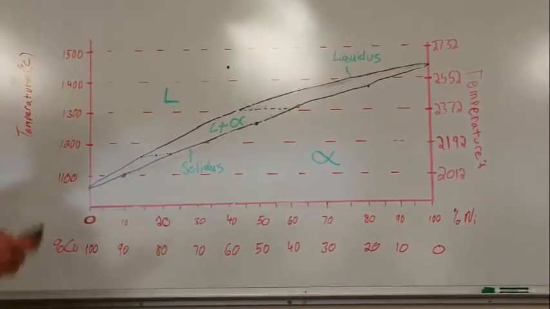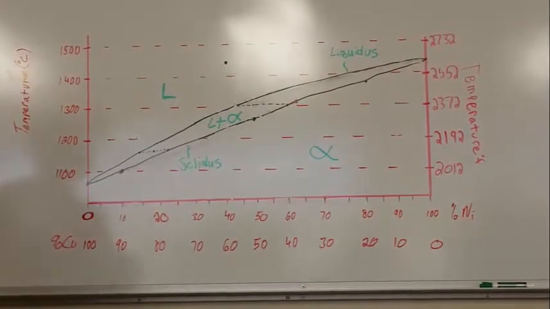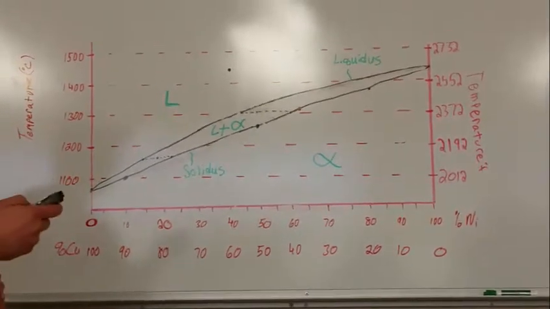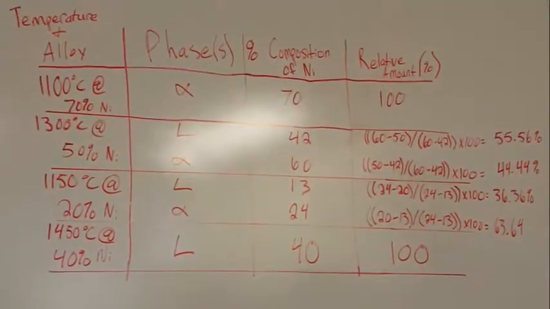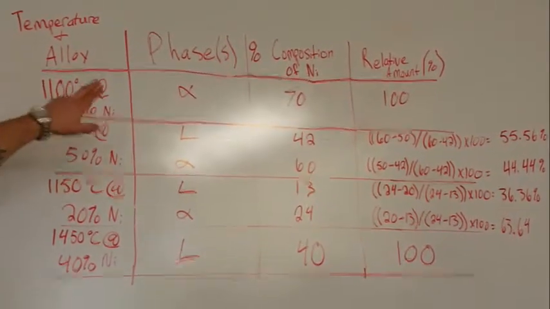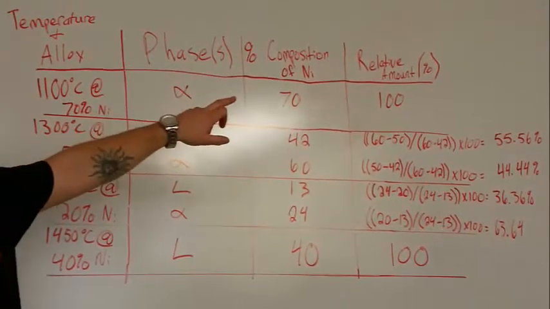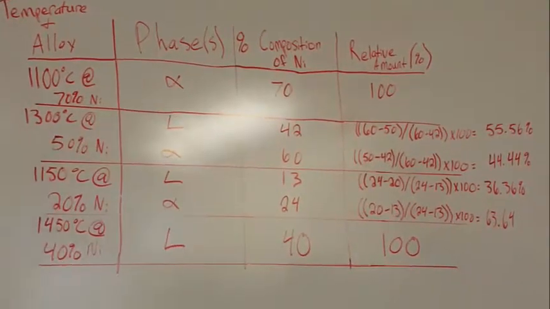So if we want to find a certain composition at a certain temperature, then we can take a look over here at this other chart. I've got 4 columns: temperature and alloy, phases, percent composition of nickel, and the relative amount. And we'll talk about those as we come to them.